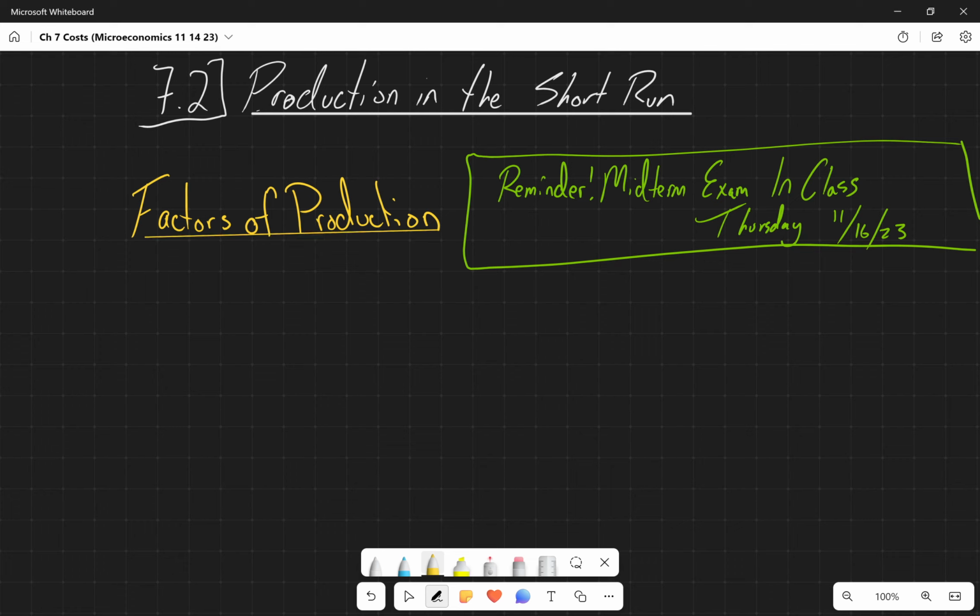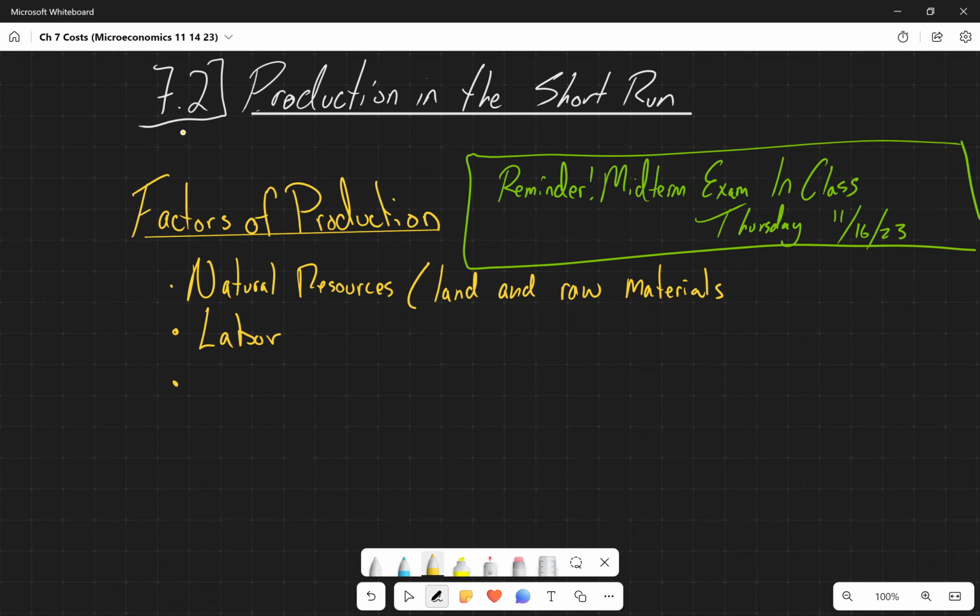The resources that firms use to produce products are these factors of production. And the resources are as follows. We have natural resources, which is going to be all your land and raw materials. We have labor. We have capital.